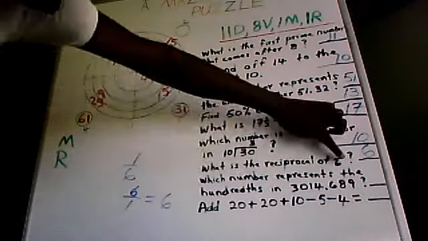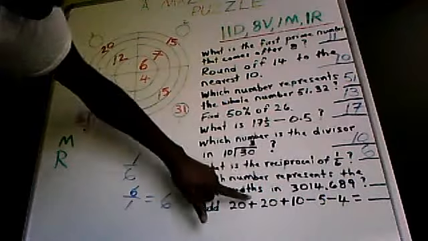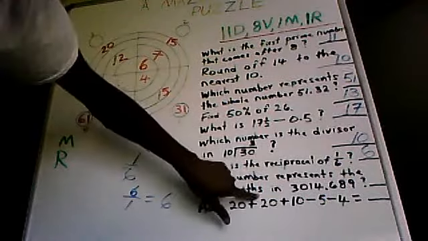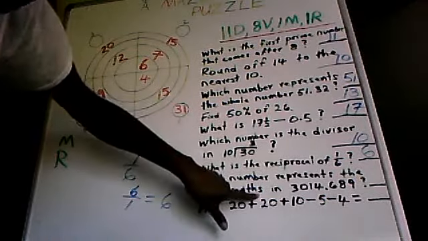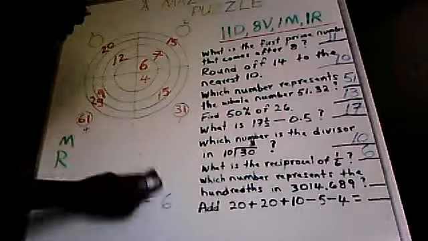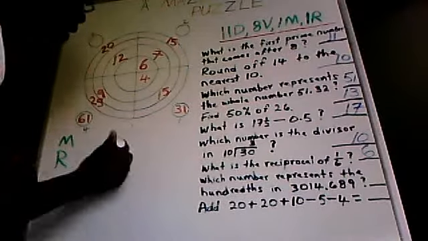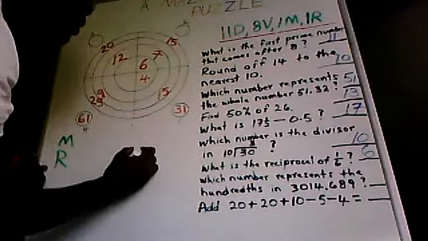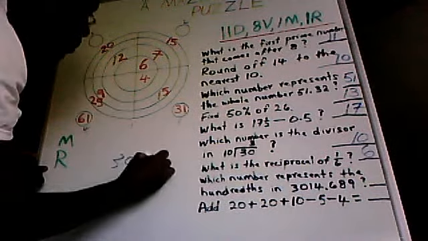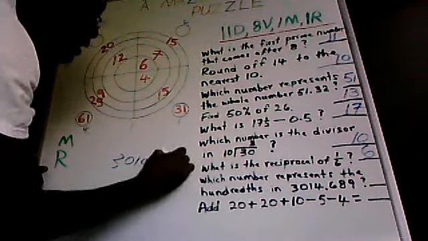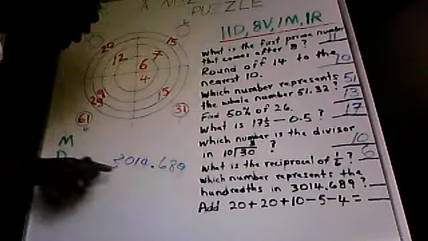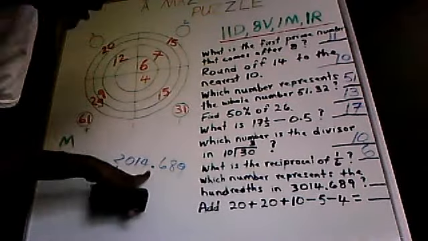Which number represents the hundredth? Not hundred, but hundredth in 3014.689. Knowing where the point is is very essential.